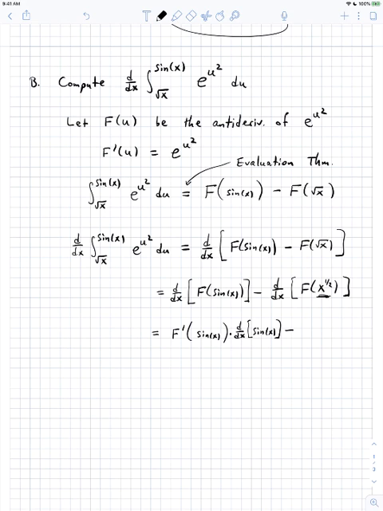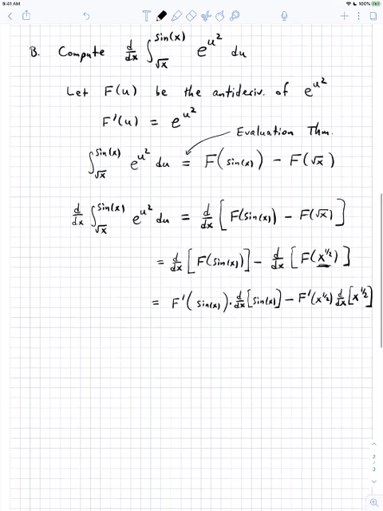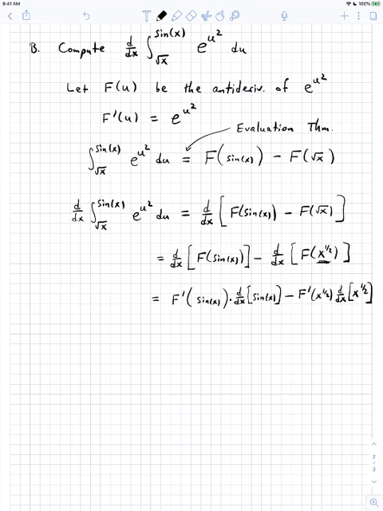So the derivative of F of a thing is F prime at that thing, and then once again, I'm going to multiply by the derivative of whatever that inside function is, which is x to the 1/2. Now all of these things I can compute. The derivative of sine of x is cosine of x. And the derivative of x to the 1/2, we just use the power rule. That's 1/2 x to the minus 1/2.